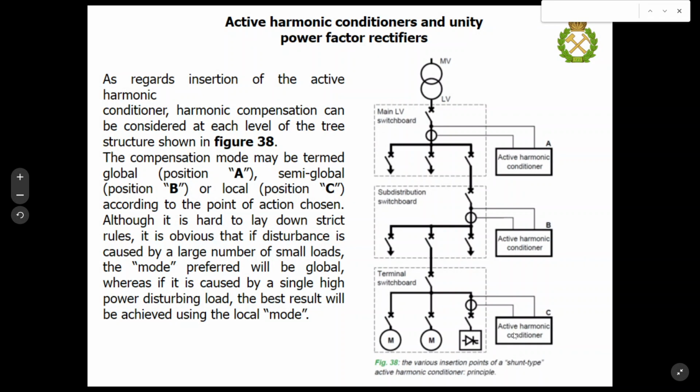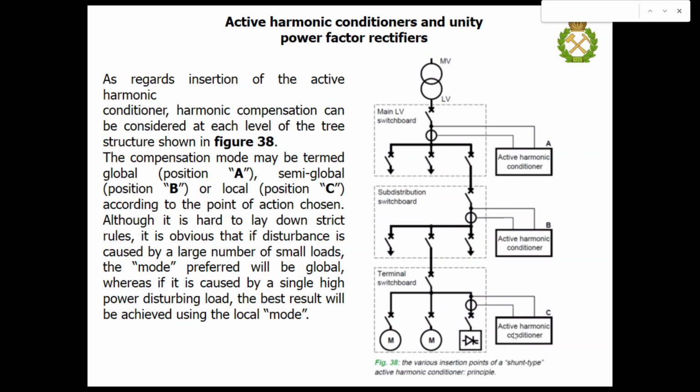Here you may see the different levels where we can install our filters. For example, at the main low voltage switchboard, sub-distribution switchboard, and terminal switchboard close to the load, for example, motors or some converter systems.